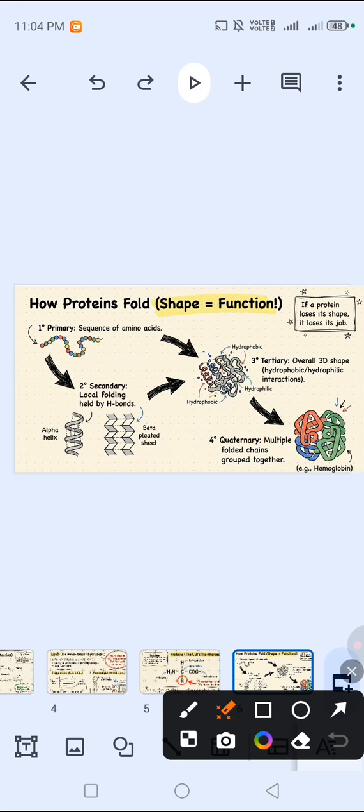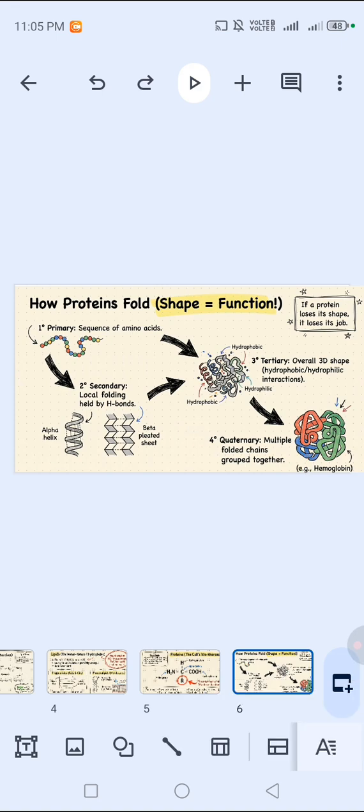Now move to the quaternary or 4 degree structure of protein. Here you can see multiple folded polypeptide chains grouped together. For example, you can see here the structure of hemoglobin is an example.